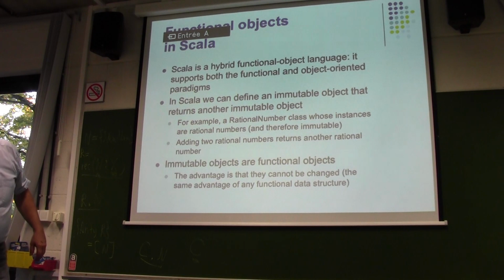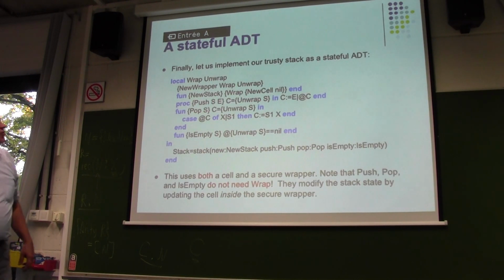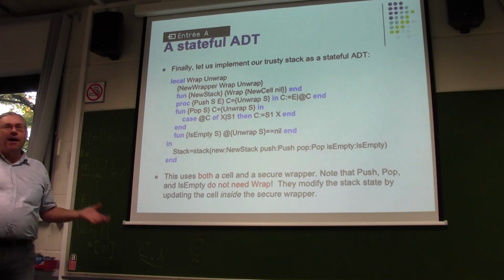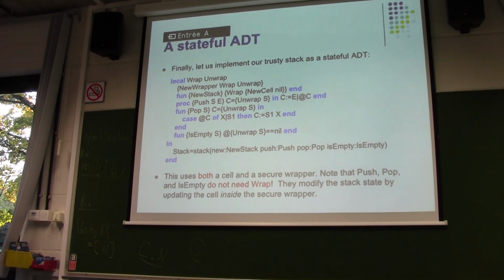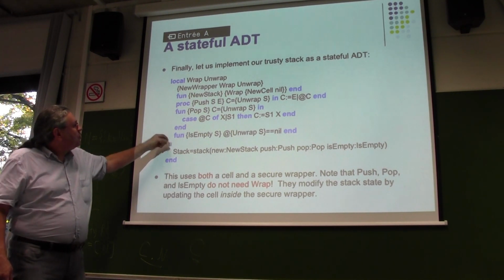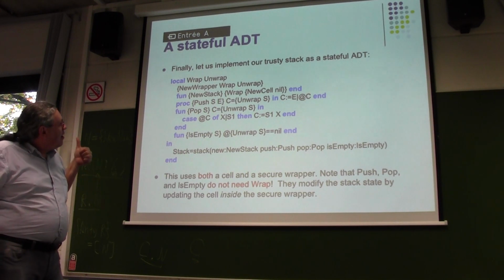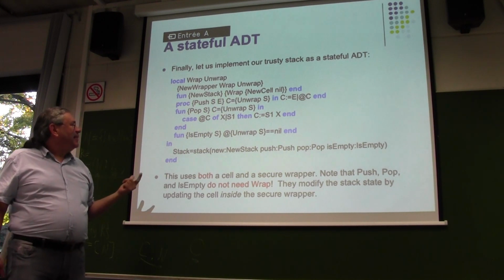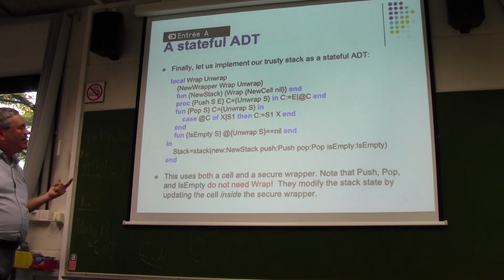Okay, so let me finish this data abstraction discussion by showing you the most complicated one, which is the stateful abstract data type. And this is like the opposite of the functional object. So the functional object was very simple. This one is using both wrapper and cells, okay?